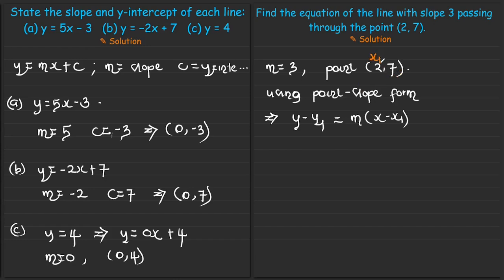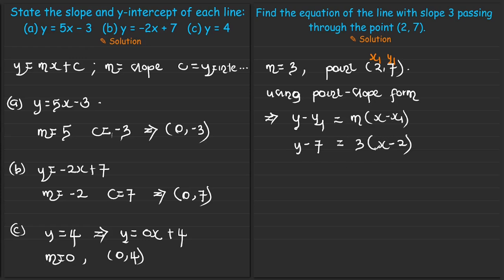So this is going to be our x1 and then this is going to be our y1. Now we do our necessary substitution. We have y minus y1, which is 7, is equal to m, which is 3, so 3 into bracket x minus x1, which is 2.